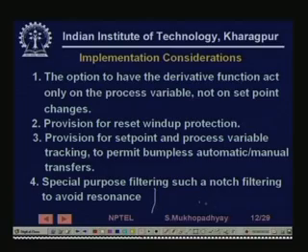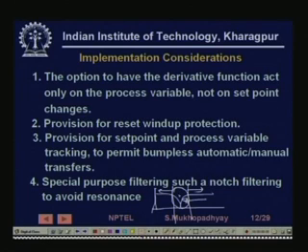For such purposes you sometimes use notch filters, which will pass all signals but only in a narrow range will they stop the signal. They have gain characteristics over frequency, somewhat like this. In this range they will pass control signals, in this range also they will pass control signals, but in this narrow range they will stop the signal.